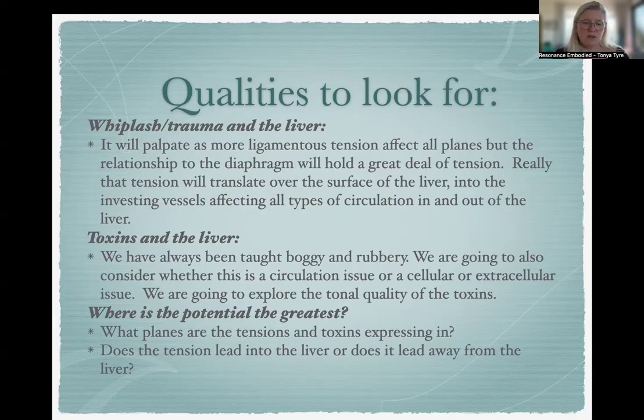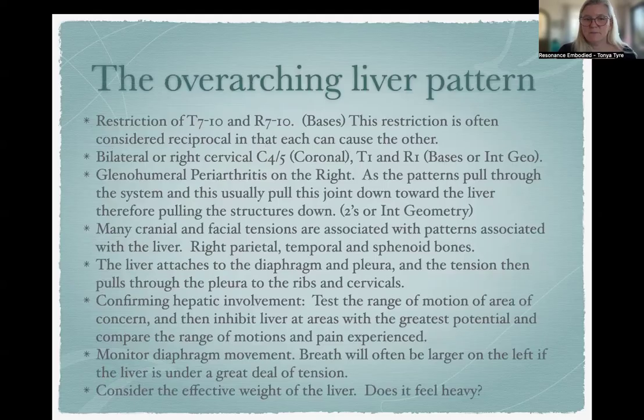What planes are we working with? How is that impacting the tensions affecting this organ? How are the toxins expressing? What is the tone of those toxins? Is the greatest stored potential energy within the liver, or does it lead us away from the liver? These are all things I want you to mentally start adding to your list of things you're considering in your office.